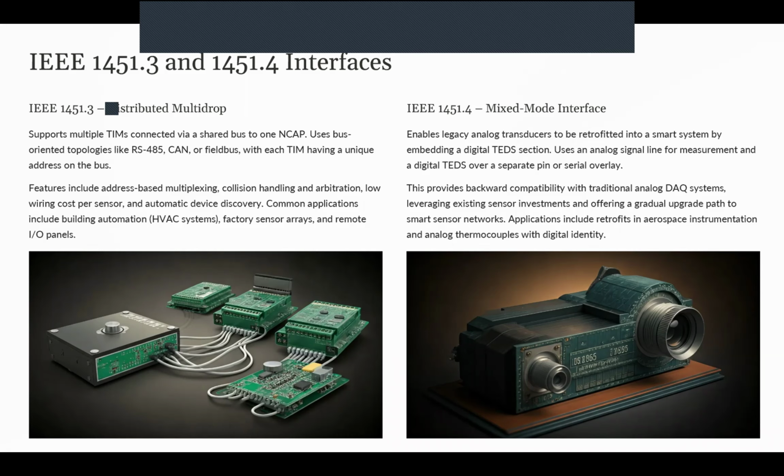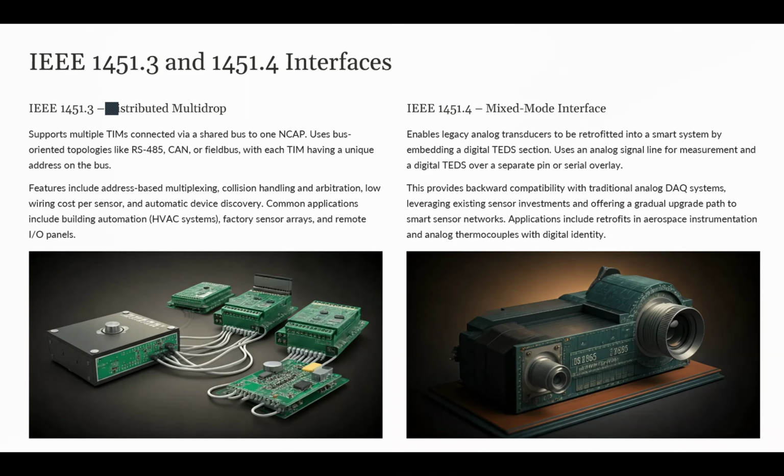This part is designed for a bus-based topology, where wiring is minimized and the devices share the same communication medium. Each TIM on the bus is assigned a unique address, so it allows the NCAP to poll and communicate with each of the transducers individually, so there is no collision and arbitration.